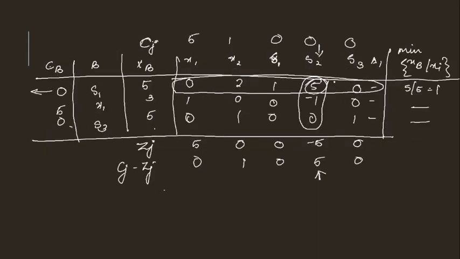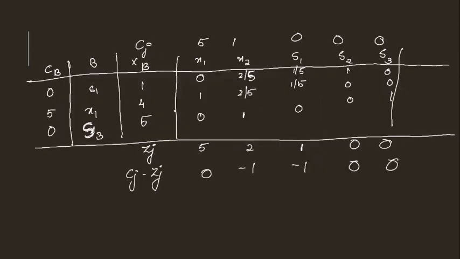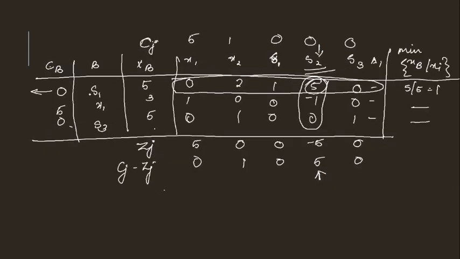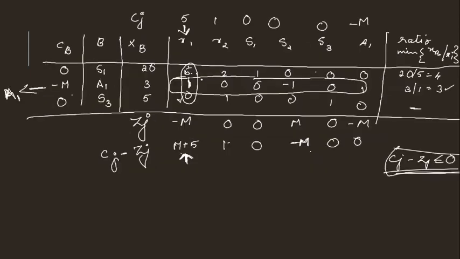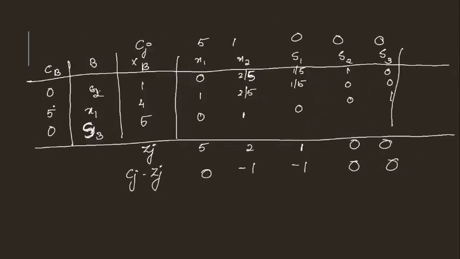There was an entry of this variable s2, so that is written over here. Then you can see that S1 just exited, so S1 is not written over here. Then the other two variables, x1 and x3, S3, have corresponding coefficients 0, 5, 0.